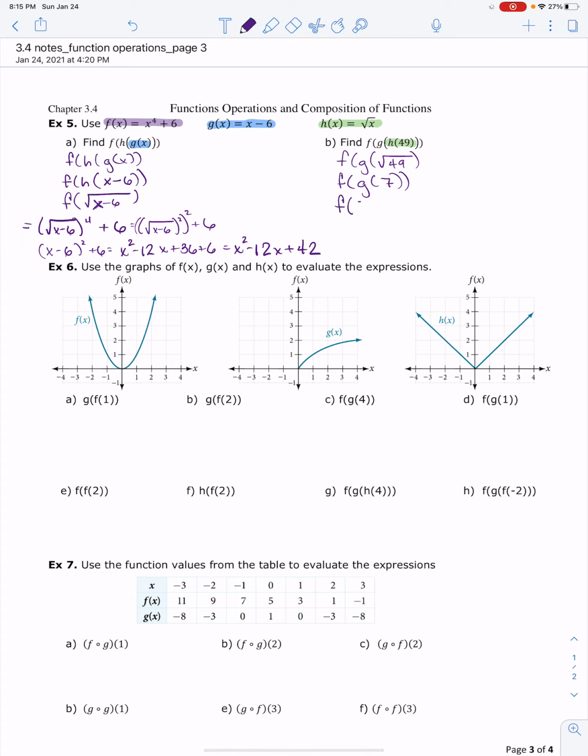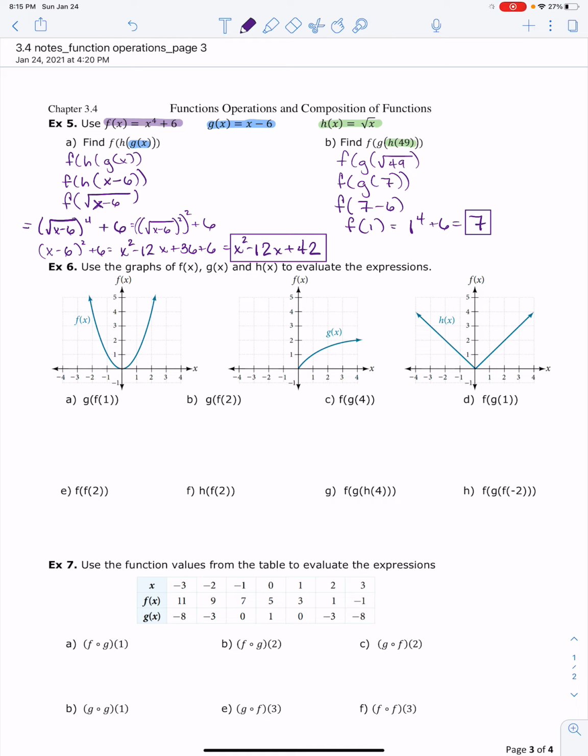So we've got f of 7 minus 6, which gives us f of 1. 1 to the 4th plus 6, 1 plus 6, and we end up with 7. So again, using the functions here to find the values of the composition.